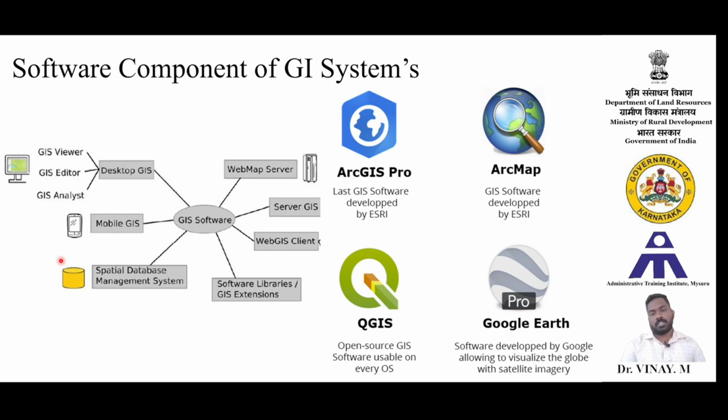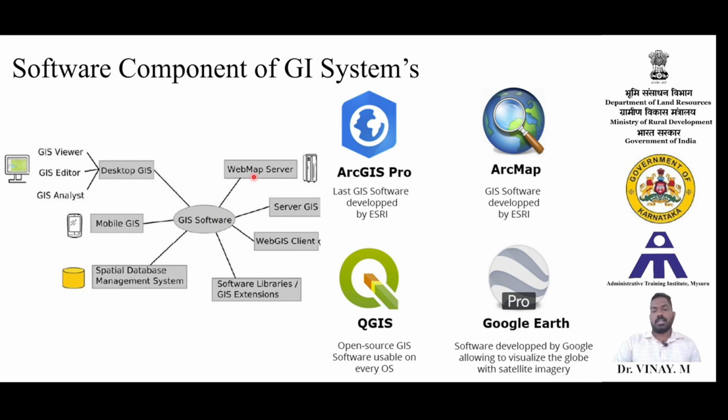If the data size and volume are very high, we should have the capability to handle that data in an efficient manner. In such a case, a database needs to be used to store both spatial and non-spatial data. That comes under the spatial database management system.